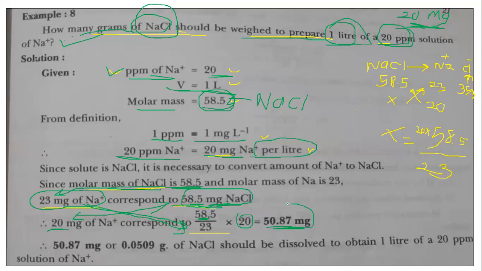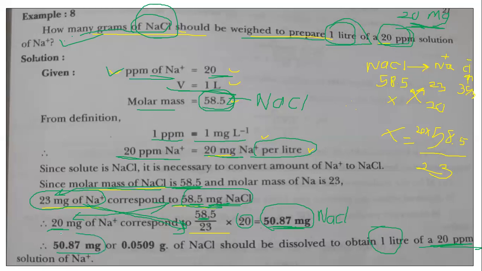So if we take this much of NaCl and dilute it up to 1 liter, that will become a 20 ppm solution of sodium. See now, because what happens?